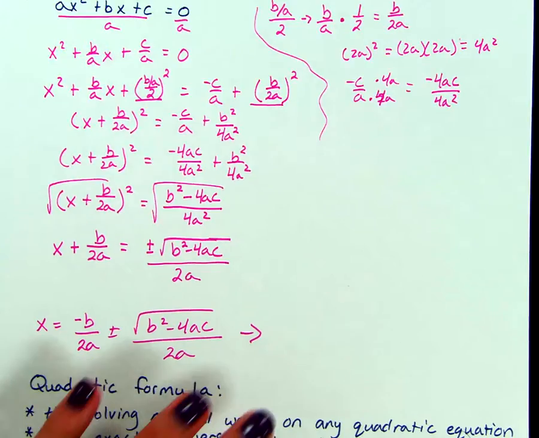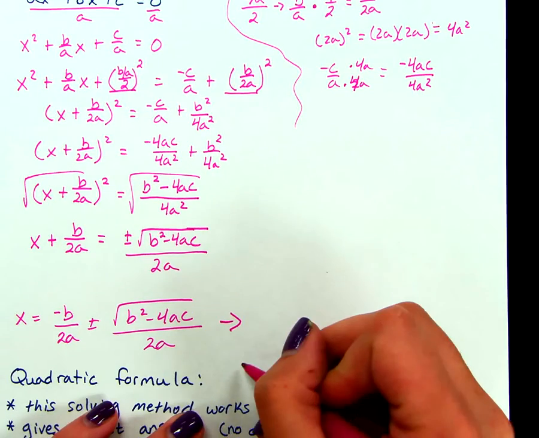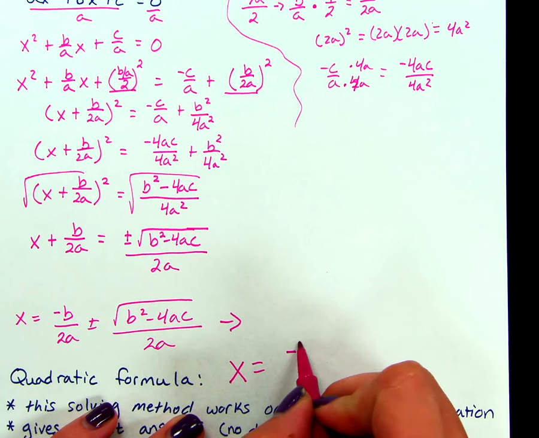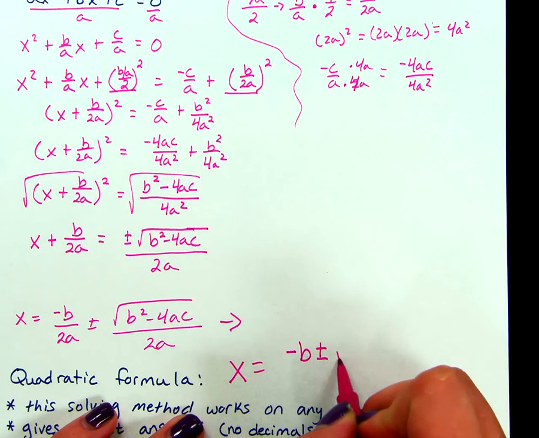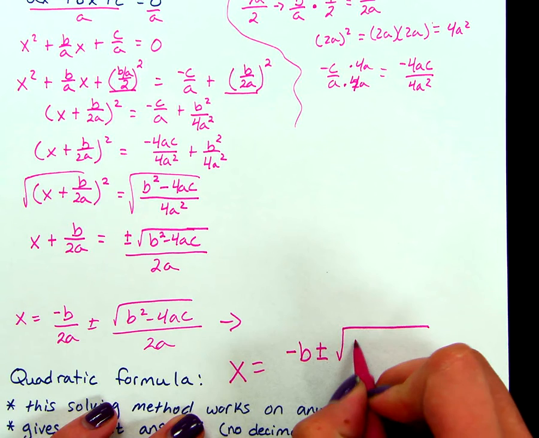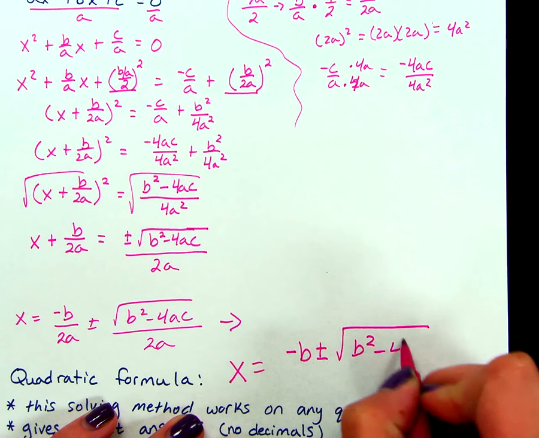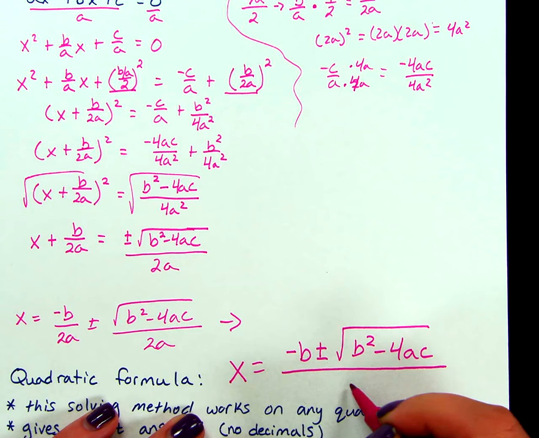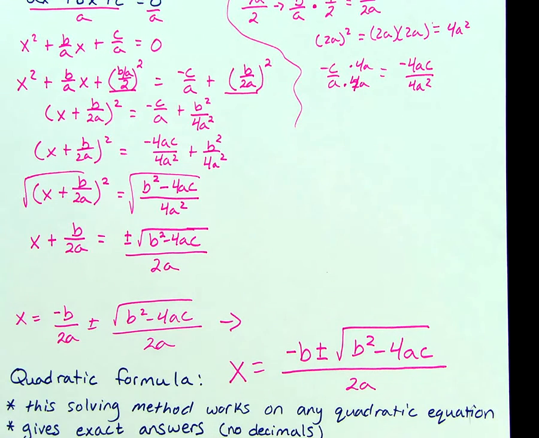Okay? So we have x equals negative b plus and minus the square root of b squared minus 4 times a times c all over 2 times a. So that is our quadratic formula.